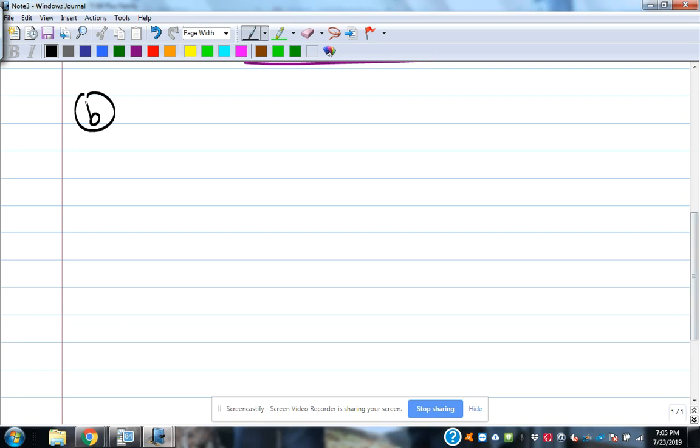Let's say we had 11 to the x. Let's do 11 to the 2x equals 32. All right, so I know I can't turn a 32 into 11 to some power, right?